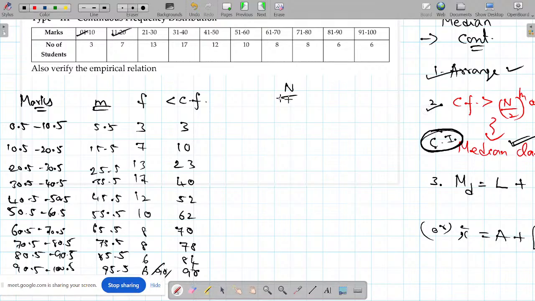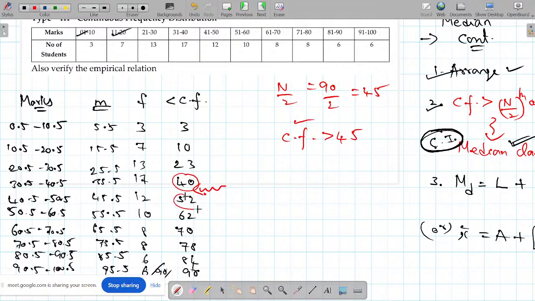So what is n by 2? 90 by 2. So n by 2 is 90 by 2, which is 45. Then you find the CF greater than 45. So 45 lies over here, right? Here is 40, here is 52, so 45 will be lying over here.